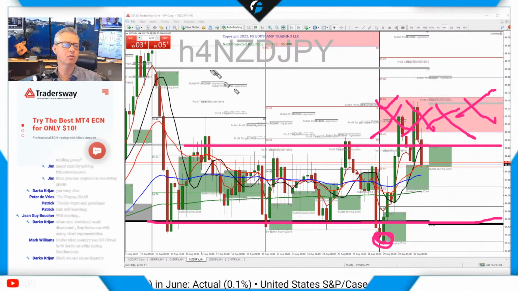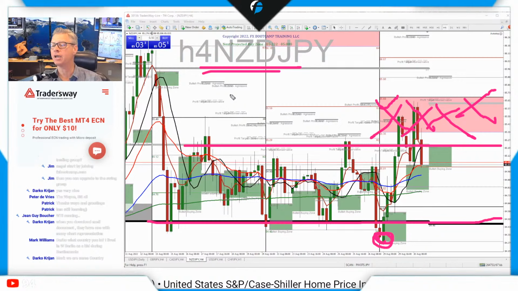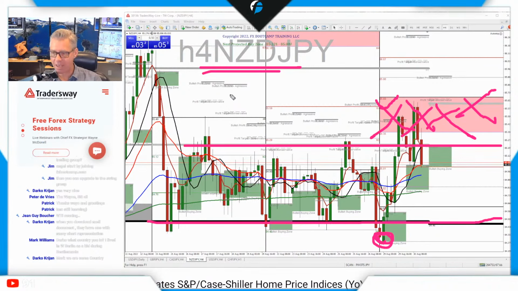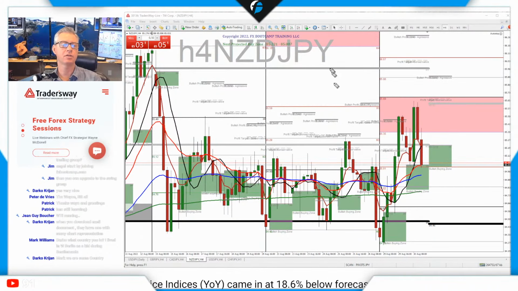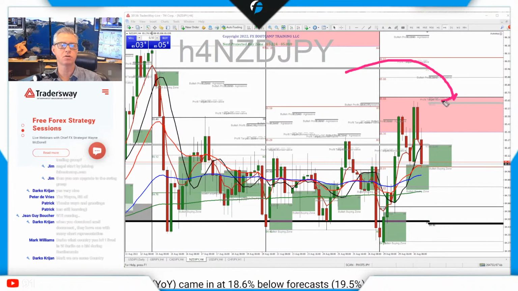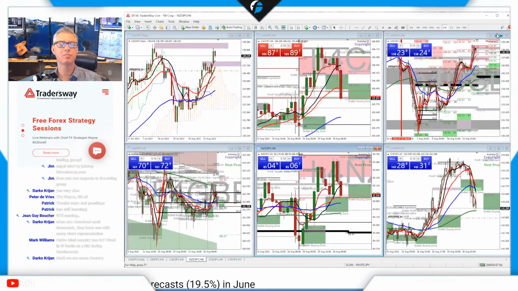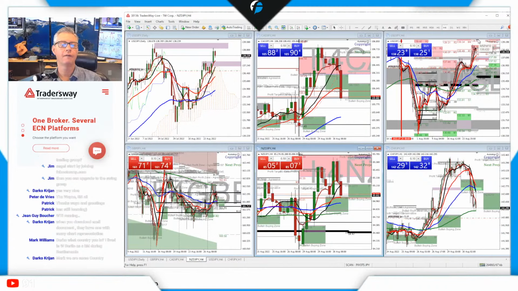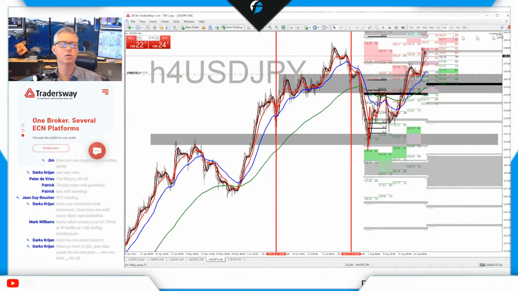Once again, retail traders are heavily long on New Zealand dollar. And institutional traders are rolling over from long to short. Somebody's wrong. Did we do this one? Not quite yet.